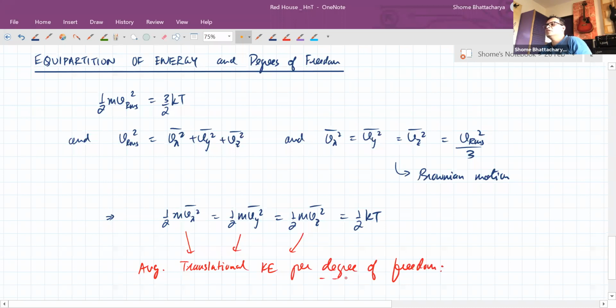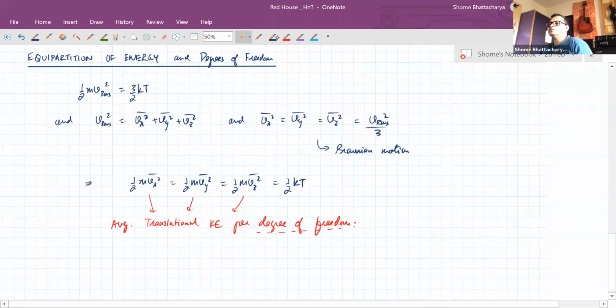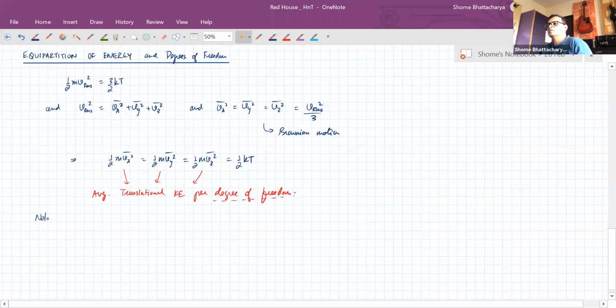Okay. Now, where does this term degree of freedom come from? It comes from the idea that for translational motion in 3 dimensions, instantaneous velocity is the sum of components in 3 mutually perpendicular directions or along 3 mutually perpendicular axes.